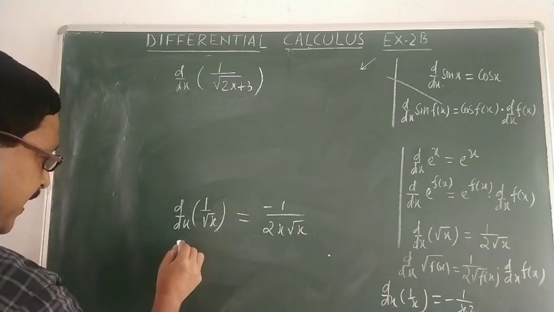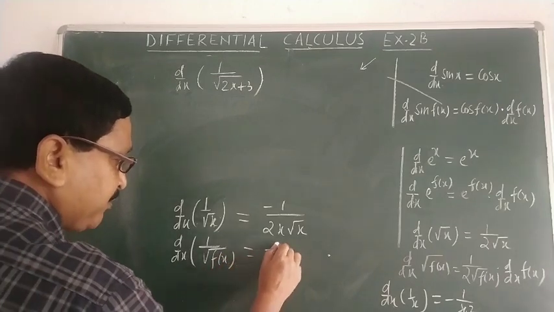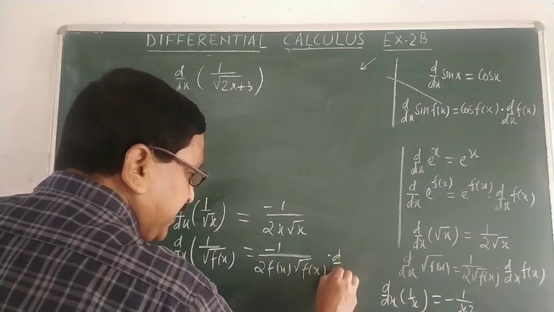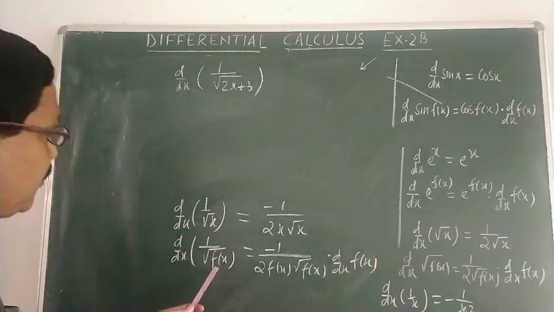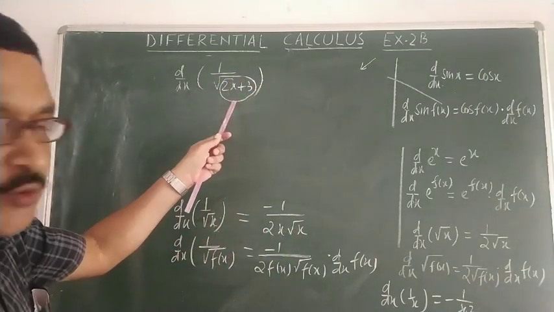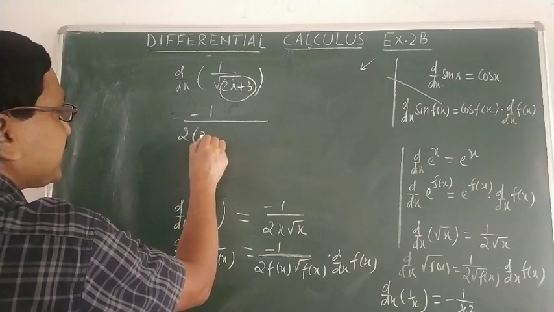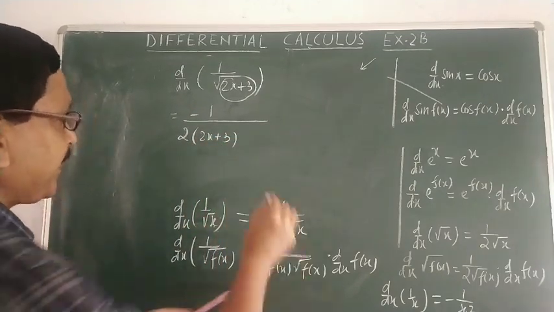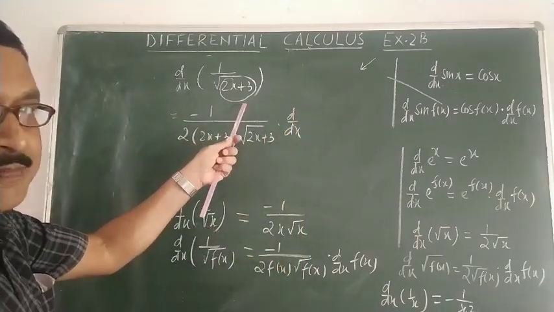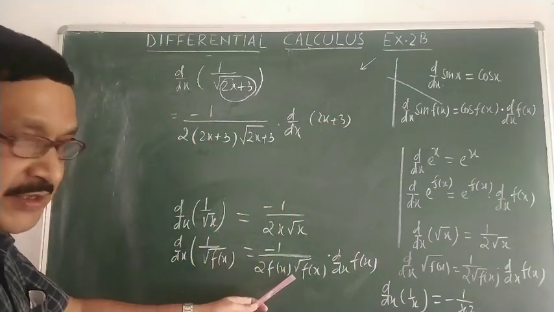But if this is f(x), d by dx of 1 by root f(x) is equal to minus 1 by 2 f(x) root f(x) into d by dx of f(x). Now follow this: f(x) is 2x plus 3, so this is minus 1 by 2 into (2x plus 3), root of 2x plus 3, into d by dx of the selected f(x), 2x plus 3.